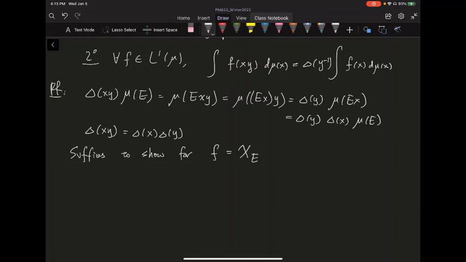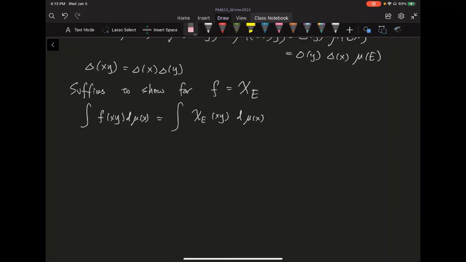So let's consider what happens when your f is a characteristic function. On the left-hand side, if you want to integrate f of xy, d mu x, this is essentially just integrating chi of xy, d mu x. Here y is fixed, so what happens to chi of xy? Chi of xy only equals 1 if xy is inside E. Well, that's only if x is inside E translated on the right by y inverse.